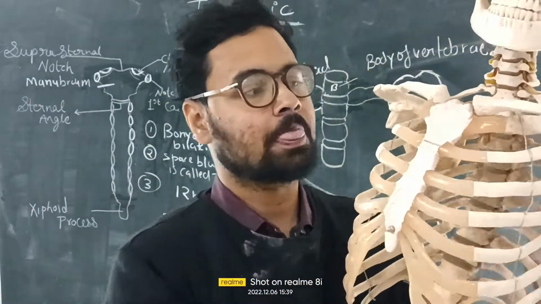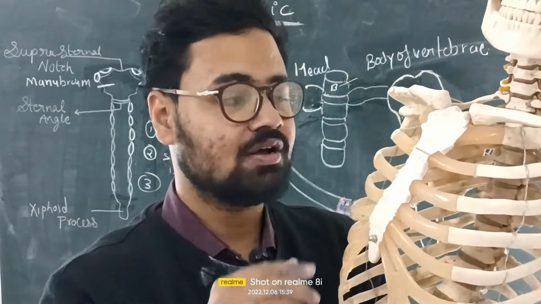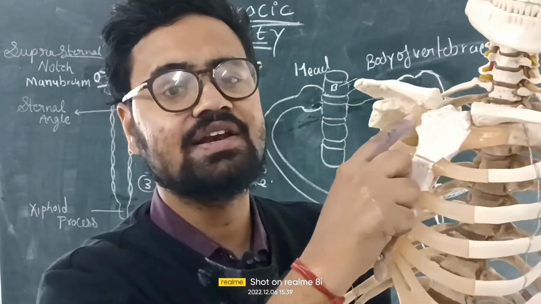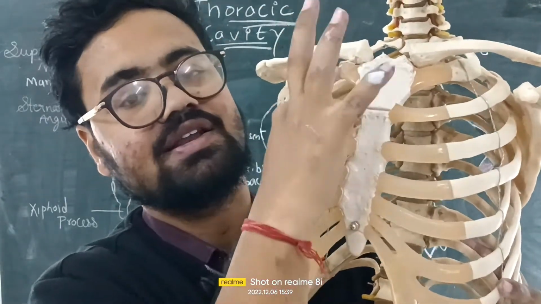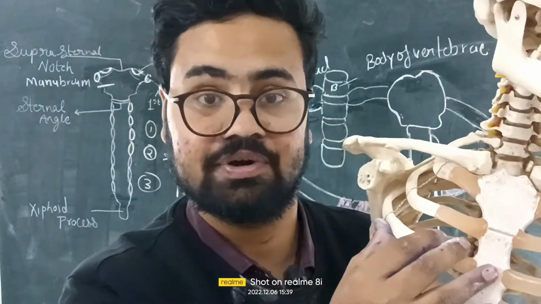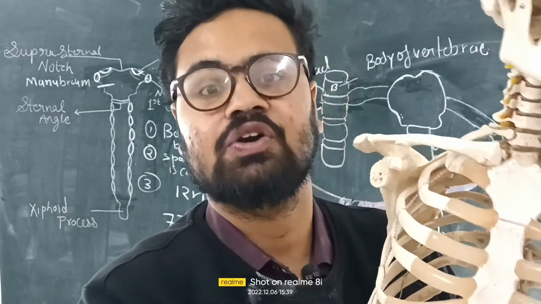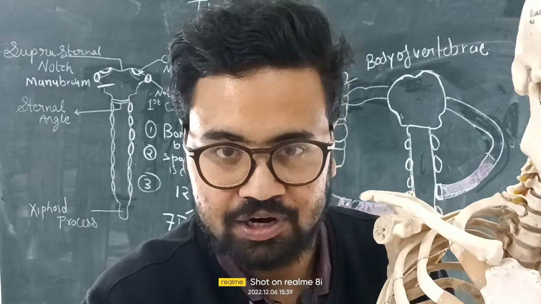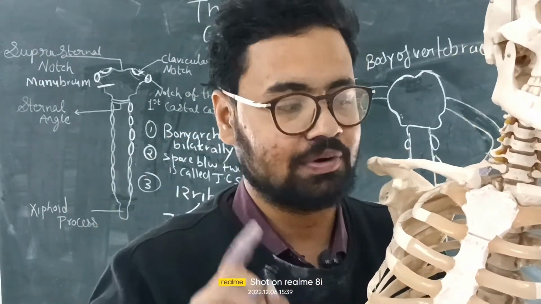See, if the rib is attached anteriorly to the sternum and posteriorly to the vertebra, then the rib will be called a true rib.